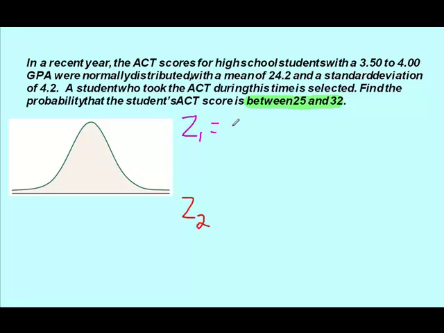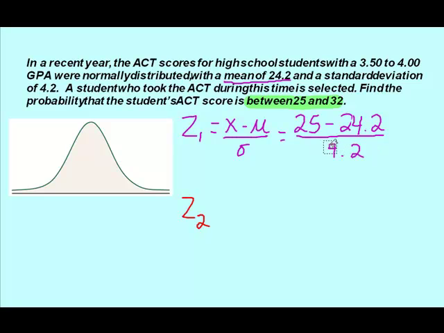For my first z-score, I'm still using the formula x minus mu divided by the standard deviation. The first one will be for the 25. 25 minus the mean of 24.2, divided by 4.2.